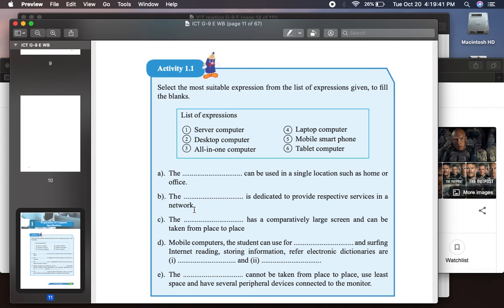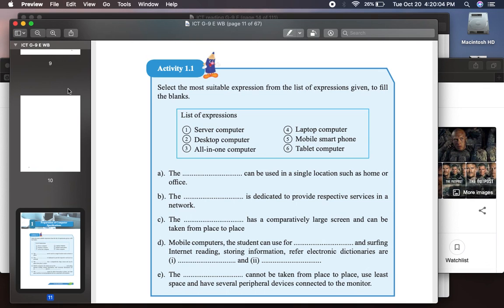There could be other situations, but if we take a building that has 10 computers, there will have to be some sort of services that are given to all 10 computers.